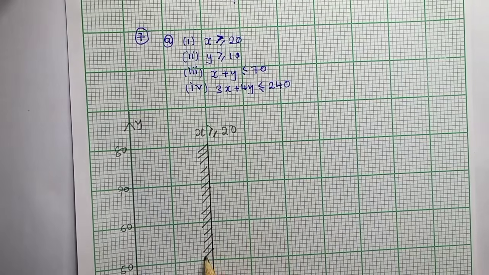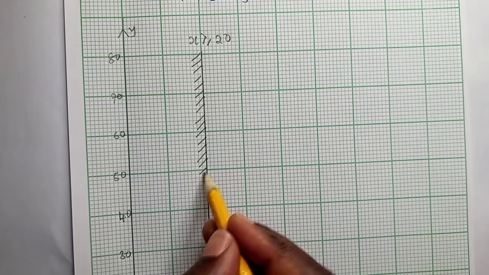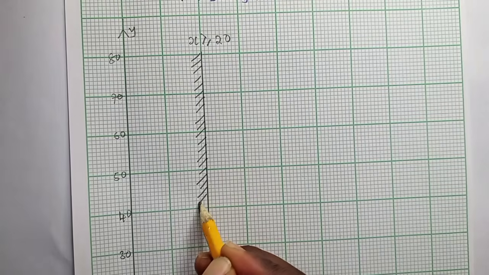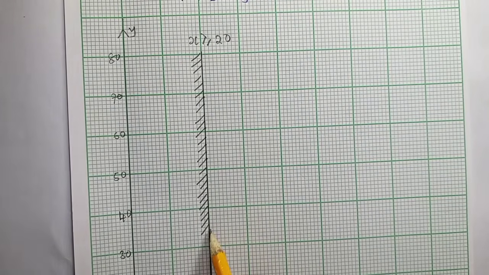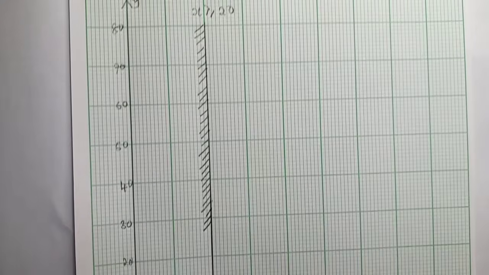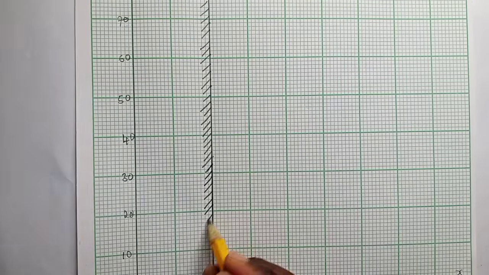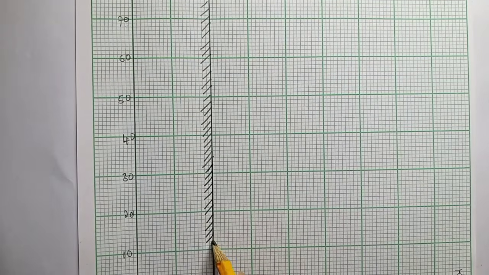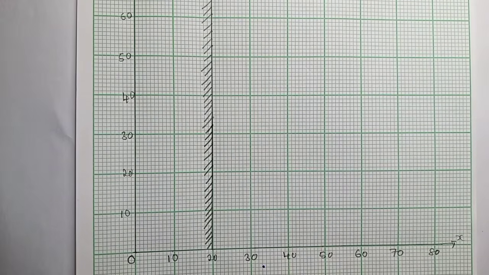You must make sure that the markers are able to see the side that you've shaded, okay? And it shouldn't be crossing the line going to the right side. So from the line, you shade nicely so that whoever comes across your work is able to see what you're doing.